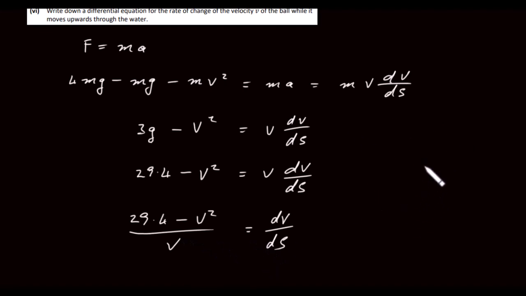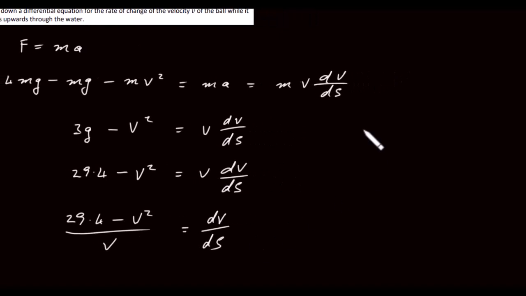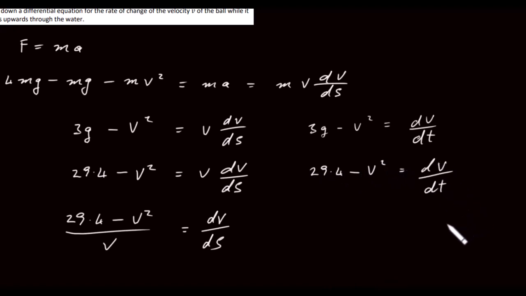Now I'm thinking here as well that acceleration is also dv dt, so what we could do here is just substitute dv dt in here instead of v dv ds. So that would just give us 3g minus v squared is equal to dv dt. So we would end up with 29.4 minus v squared is equal to dv dt. So I'm not sure which one they require, but we can have a look at the marking scheme anyway when it comes out. Okay, so that's it for this question.